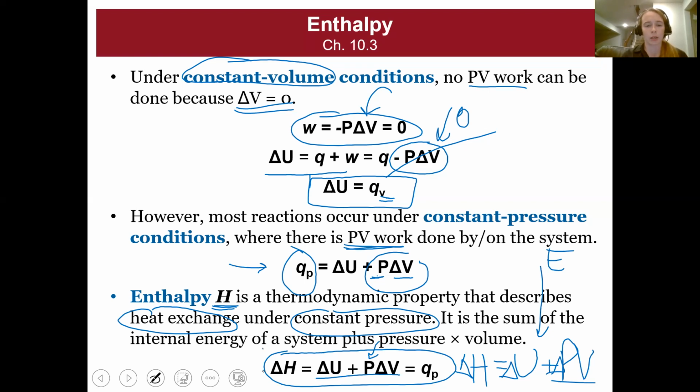So enthalpy is equal to the heat exchange under constant pressure, as I said here in the definition of enthalpy. So the heat of your process or your reaction is the same as the enthalpy of that reaction or process.